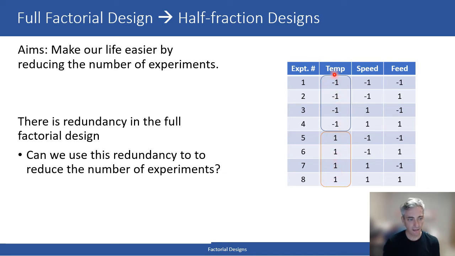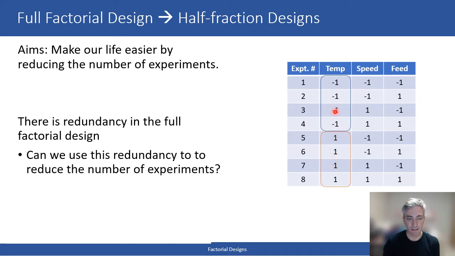And there's a clever way of looking at this using a hypercube method, which we will show in a few more slides' time. But essentially, by cleverly selecting which experiments we do, we can actually halve the number of experiments without really losing information about the low-level interactions or the main effects.